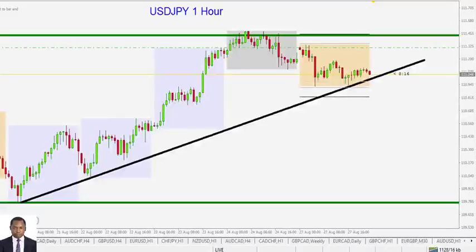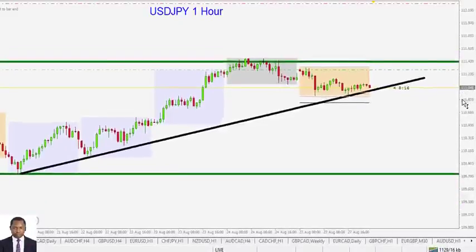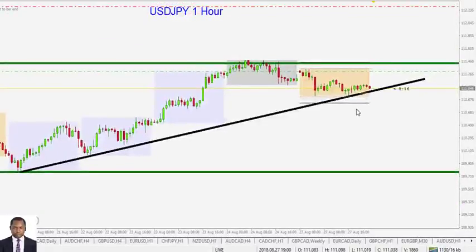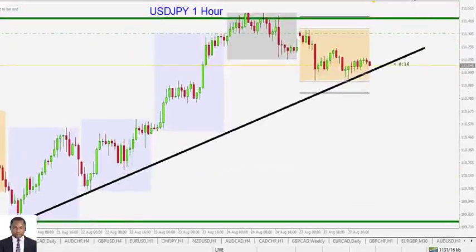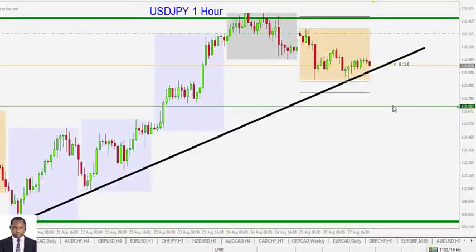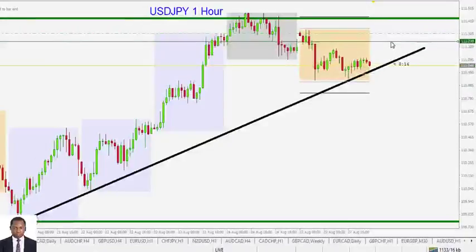We can just trail our stop loss to break even. Just move your stop loss. Let me give you the level. Each time we say break even, traders tend to make some mistakes.